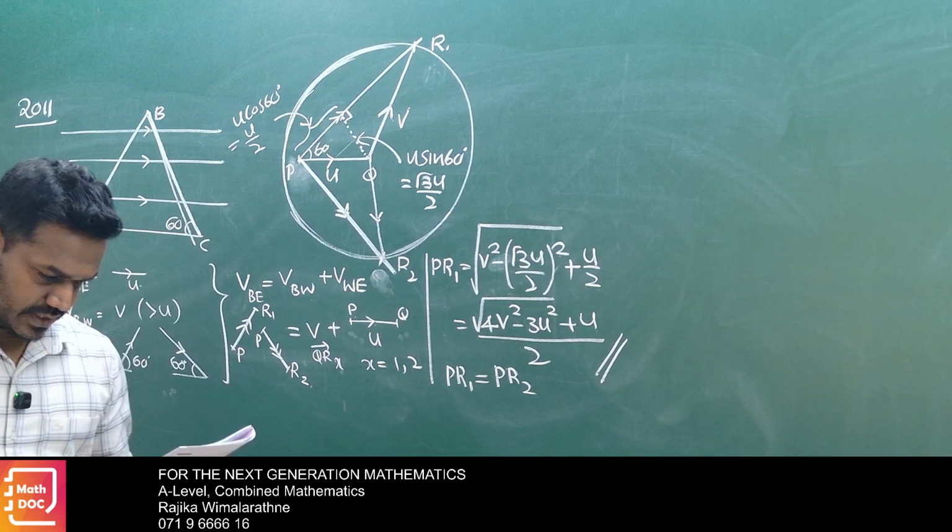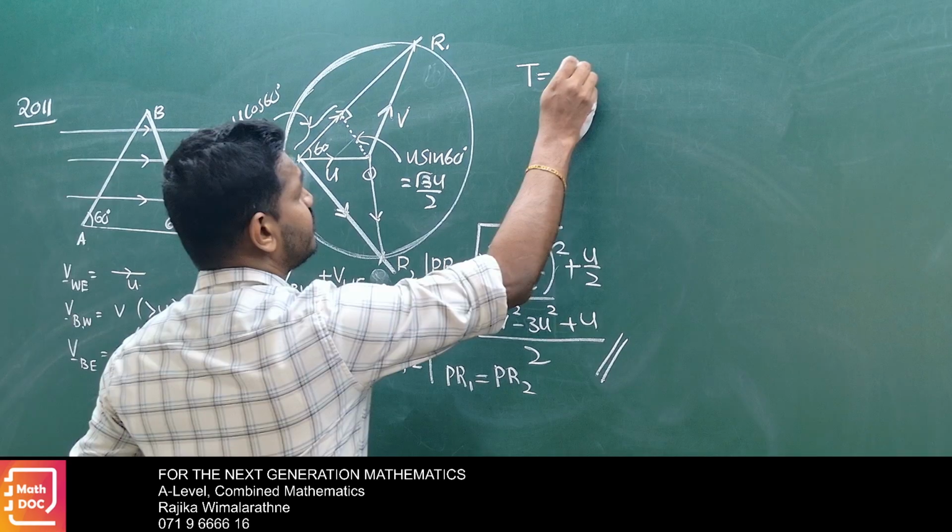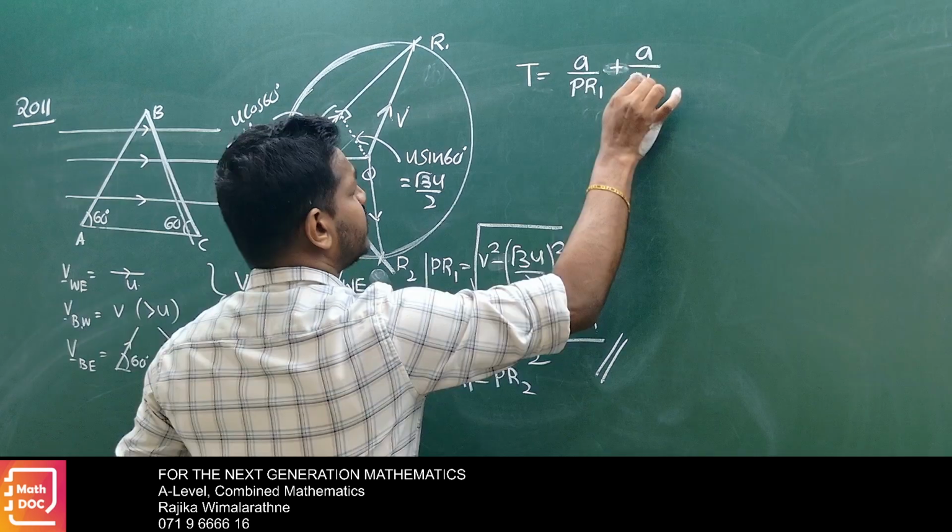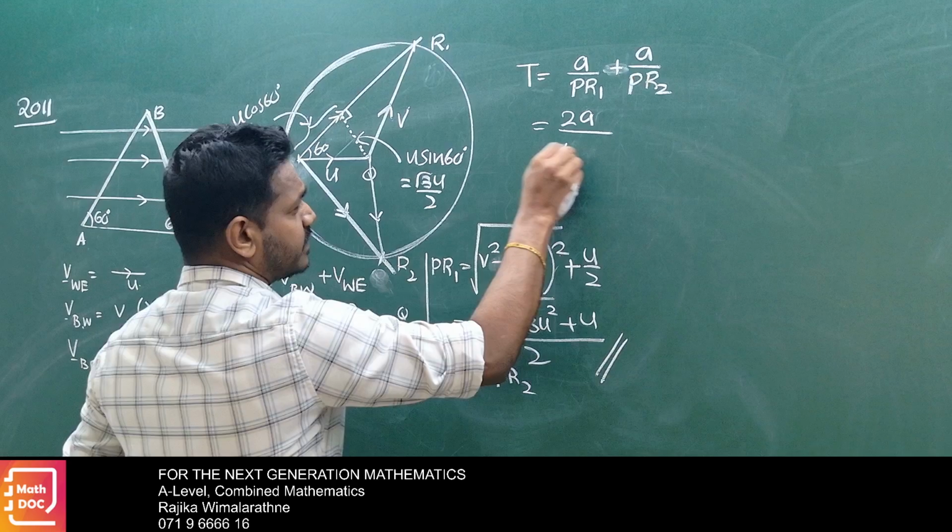Ensure that the total time taken for the journey from A to C through B. Then total time taken, here side A over PR1 plus A over PR2. Both are the same, no? Then 2A over PR1, here root of 4V squared minus 3U squared plus U, divided by 2.